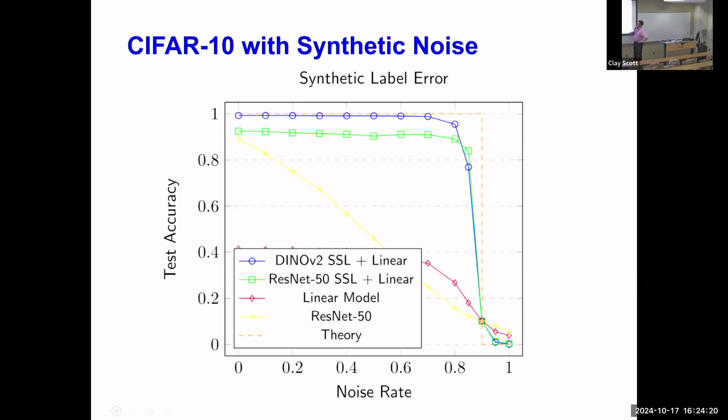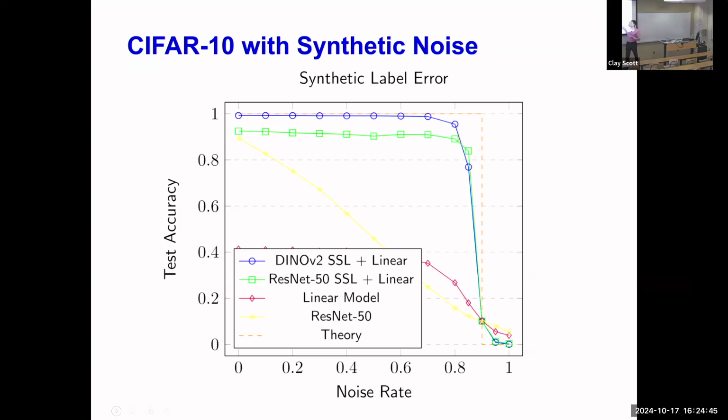And so we compared several models. One is just a linear model, no deep learning at all, just a linear classifier. And it does quite poorly. You've got ResNet 50, which exhibits this tempered overfitting phenomenon.